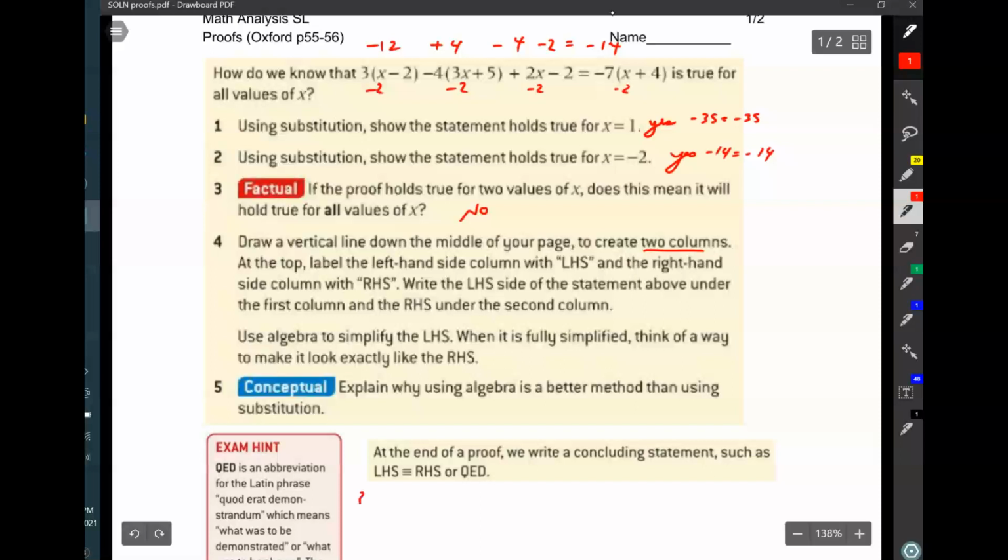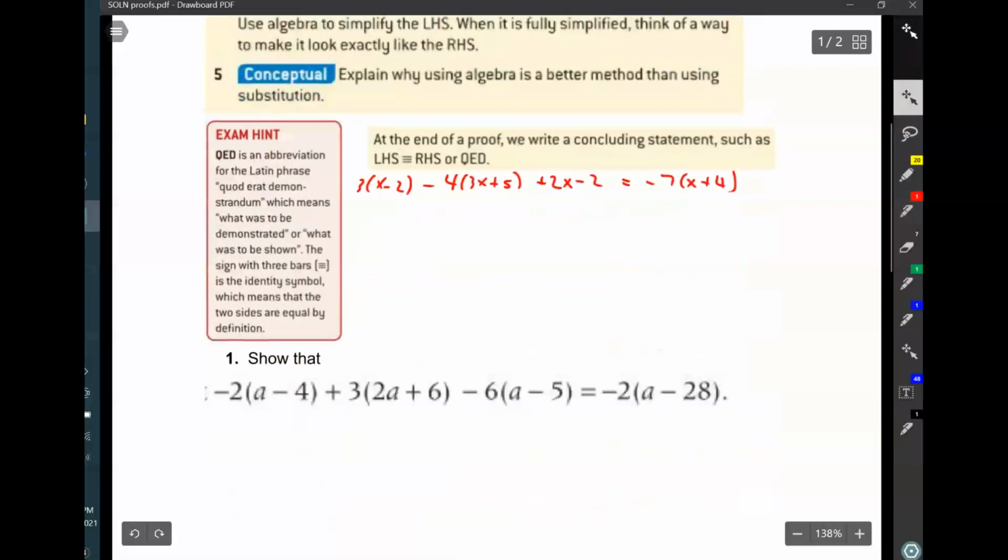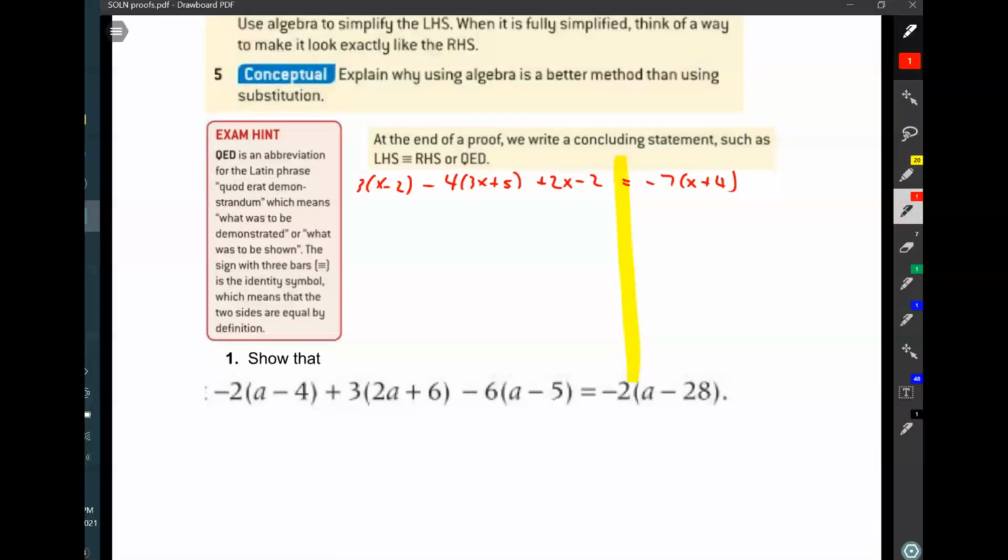So we'll have 3 times x minus 2 minus 4 times 3x plus 5 plus 2x minus 2 equals -7 times x plus 4. And what we're going to do is we're going to divide the page up into 2 halves. And we are only going to touch the left side, and we're going to try to make it look like the right side. Okay?